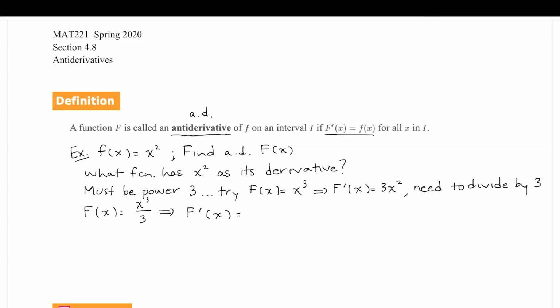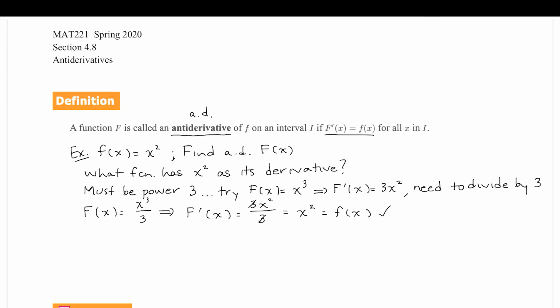Now I can check it. As the definition says, if I take the derivative of the cap F, I should get the little f. So I can take the derivative on the numerator, 3x squared, and the division by 3, I can think of that as multiplying by 1/3. Constant multiples get carried along, and the 3's cancel, and indeed, I get x squared.